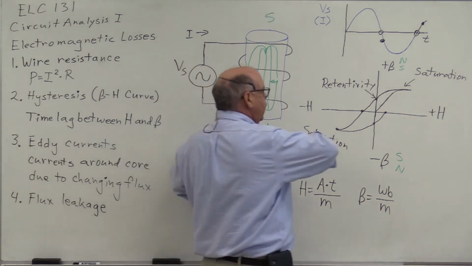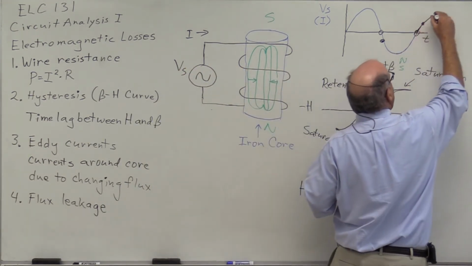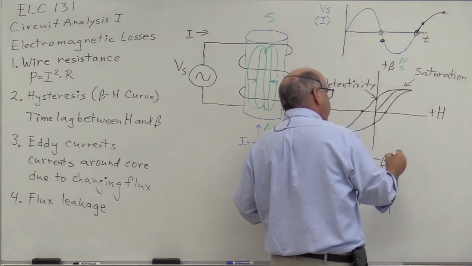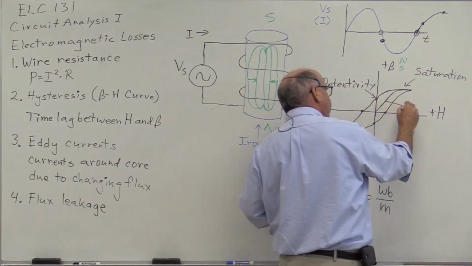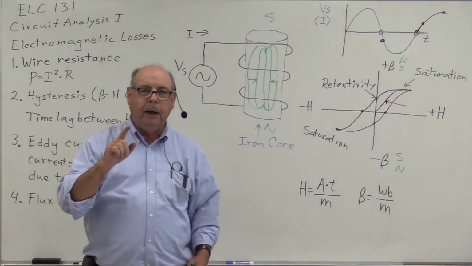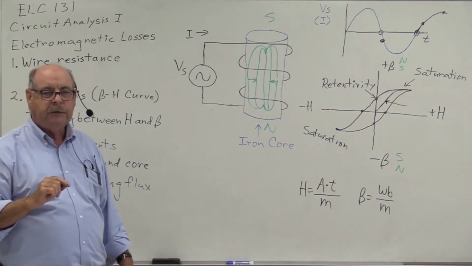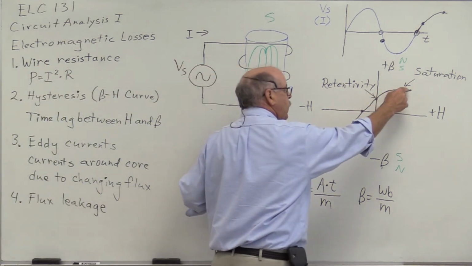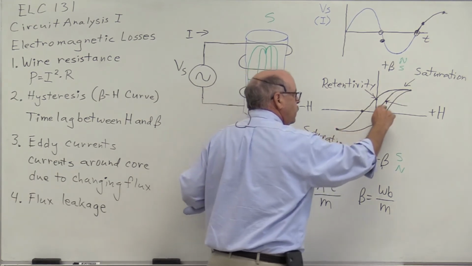Now, if I keep increasing in the positive direction here, we'll fall back into this same curve. I operate on that curve right there only the first time I apply energy to the magnetic system. Every other time, our system is going to operate on this outer portion.